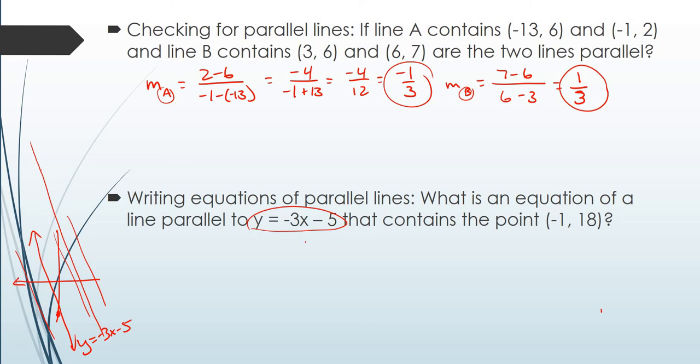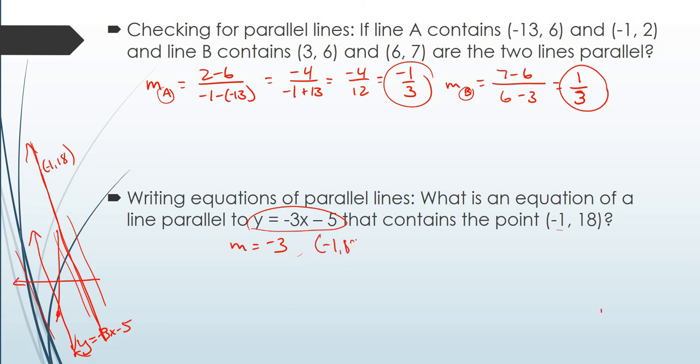Okay, so I want the parallel line that goes through that specific point. So what I know about parallel lines is that the original line and my line, the one passing through the point -1, 18, have to have the same slope. So the slope of the first line is -3, so the slope of my line will also be -3. So I know the slope of my line, and I know an ordered pair.